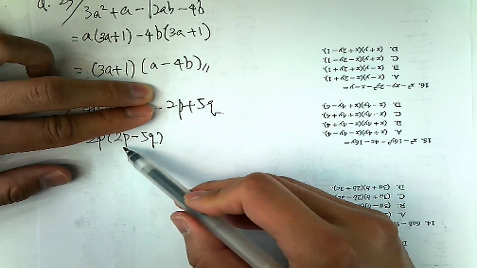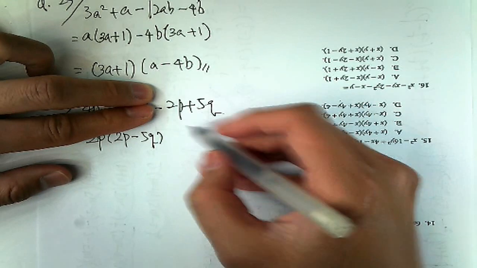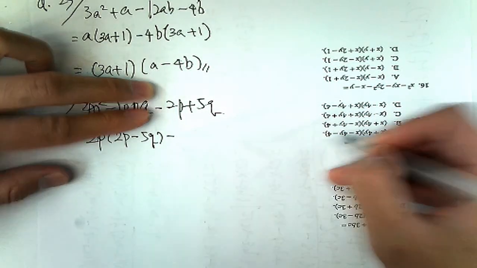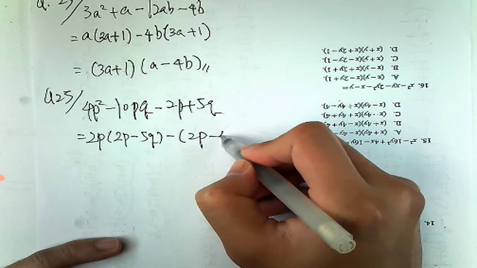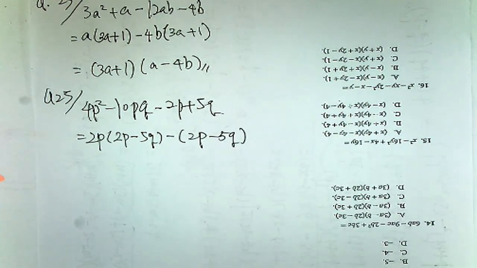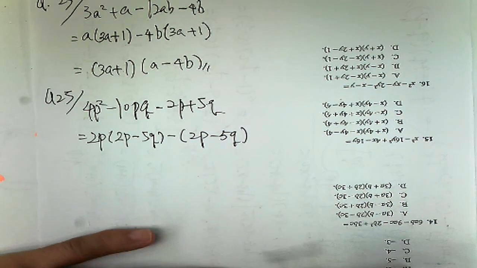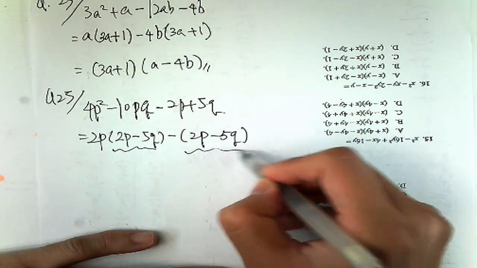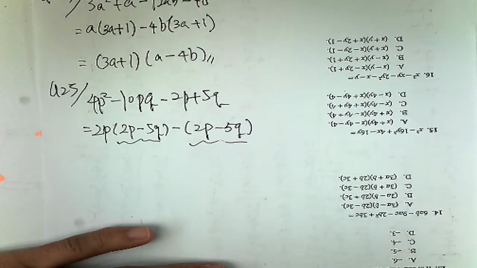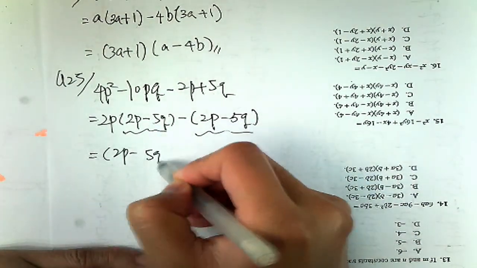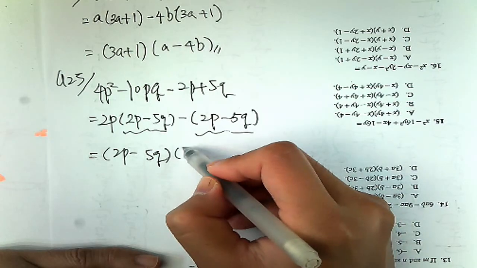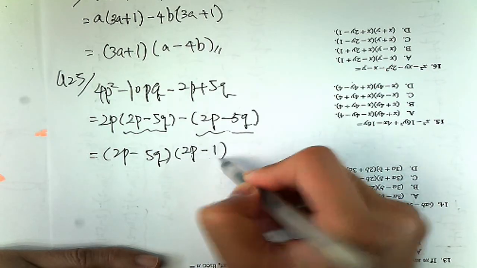But here is 2p minus 5q, right? So what you can do, you can pull out the minus. Okay, pull out the minus. Then you can change all the signs inside. Understand? I mean, plus will become minus, and then minus will become plus. Understand? So here you can create the bracket in common. Understand? So 2p minus 5q and then the second bracket will be 2p minus 1. Understand?